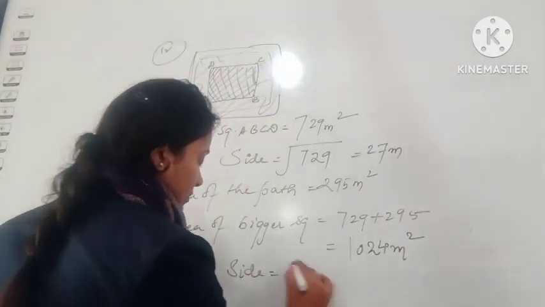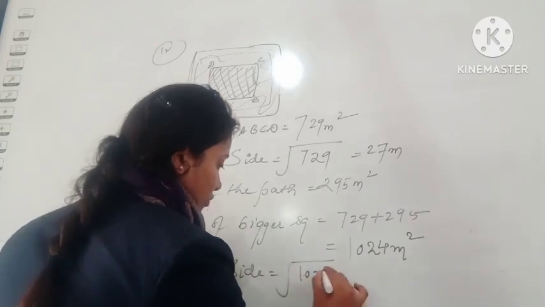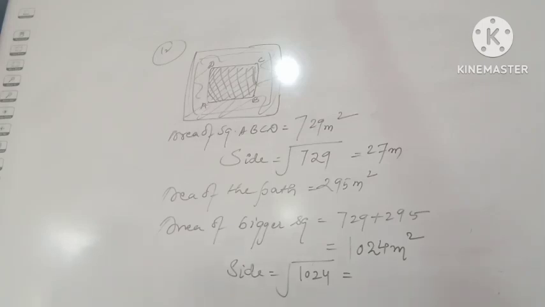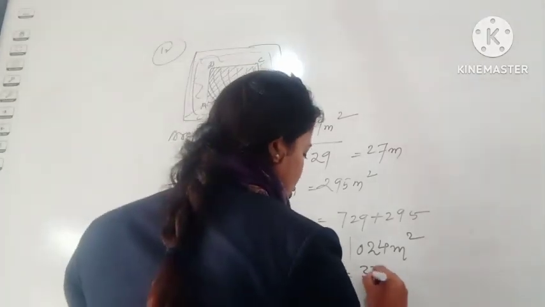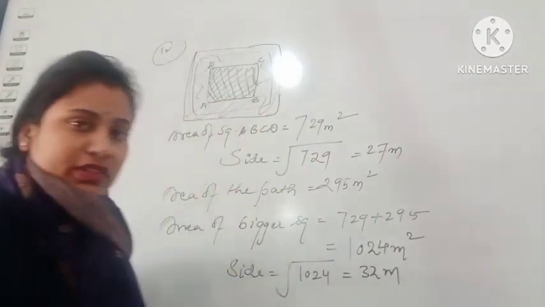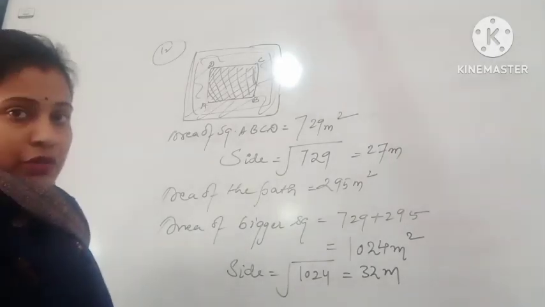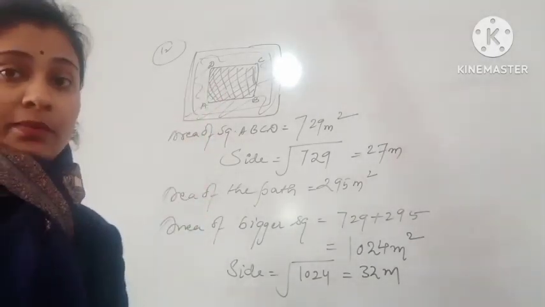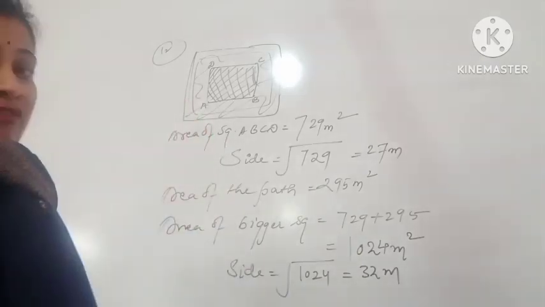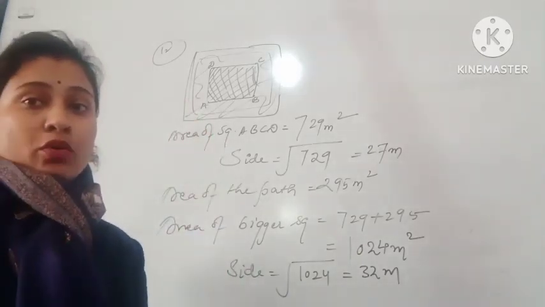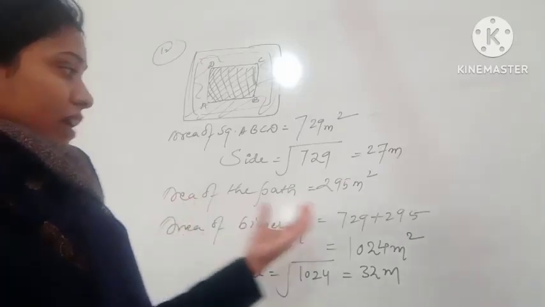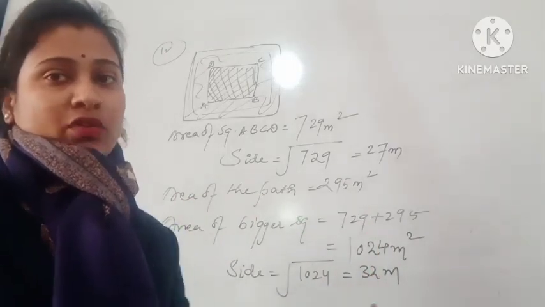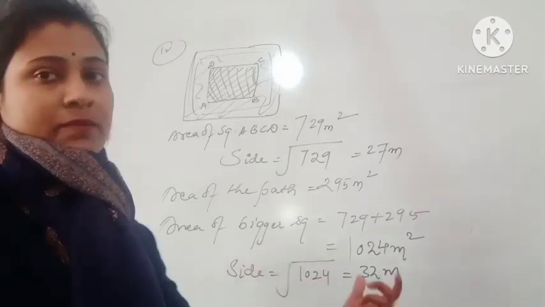Square root of 1024 will come out to be 32 meter. So this is what we have to do. First, we have taken the area of the smaller square, then plus area of path. We have added them both and we got the area of the bigger square. And from that area we have calculated the side, in fact the side of the smaller also and the side of the bigger also.